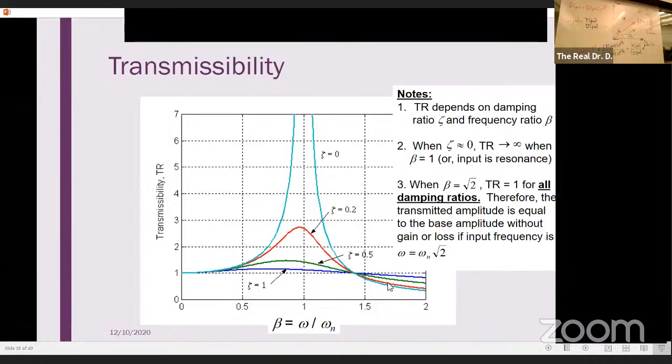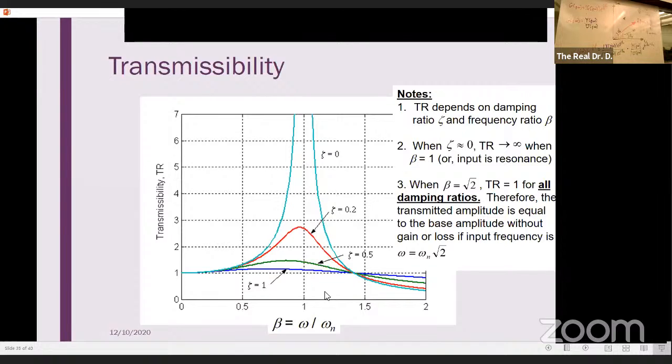We will transmit less vibration. If we are stuck and we can't lower it below √2, we want to maximize our damping ratio. Maximizing our damping ratio will decrease the transmissibility to the left of this point. But that trend reverses once we cross √2. Okay?